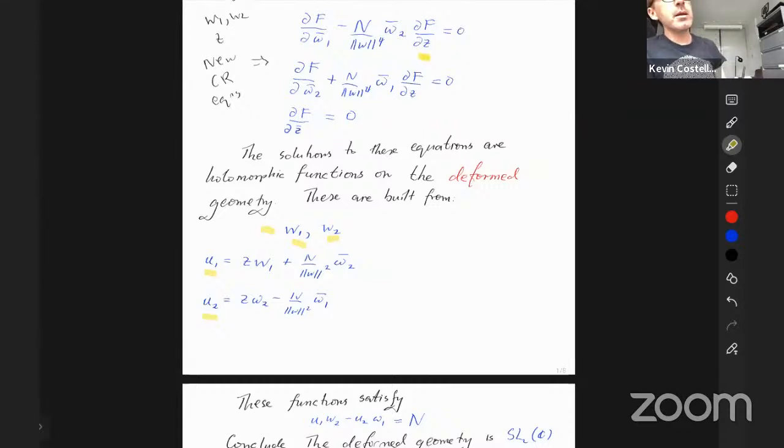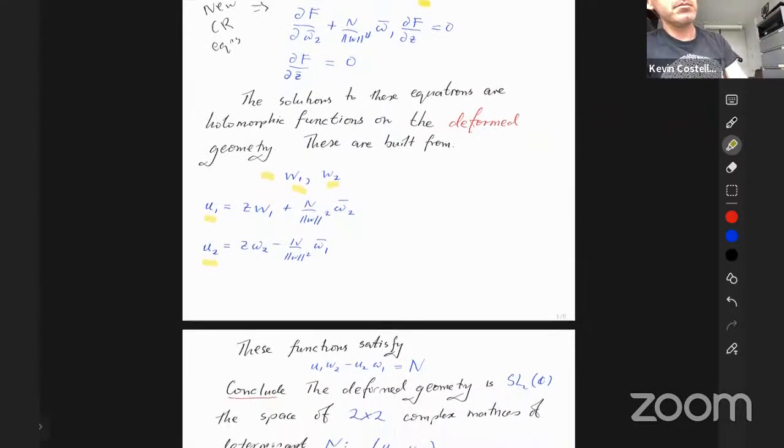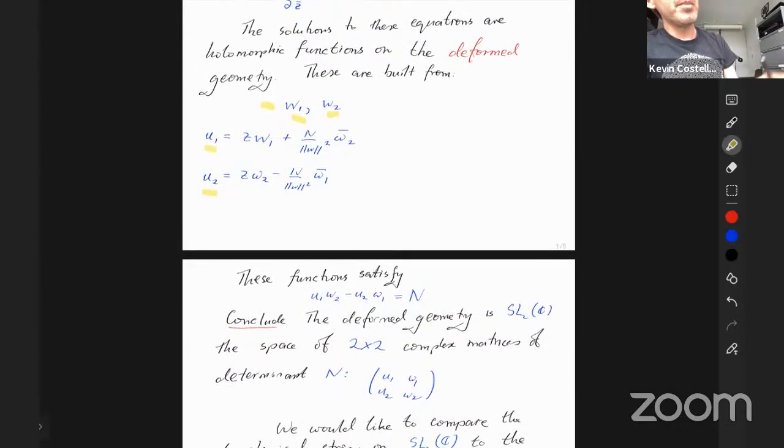So w1, w2, u1 and u2 are the holomorphic functions in the new geometry. However, they're not independent. As you can see, u1 w2 minus u2 w1 is equal to n, which is again entirely elementary.